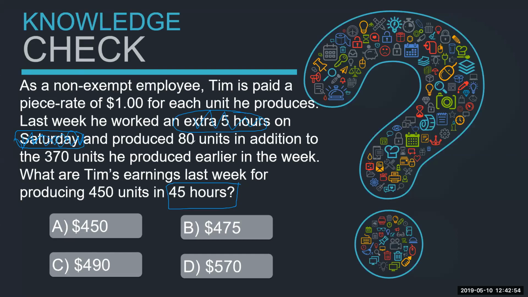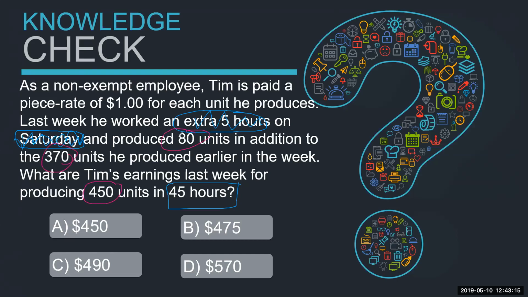And the fact that he produced 80 units in addition to the 370, it's not that it's irrelevant, I should say, but it's repeated because it was already mentioned at the end. Now, you can just verify 370 plus 80, yes, is 450.